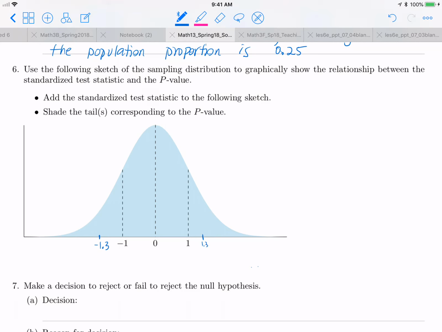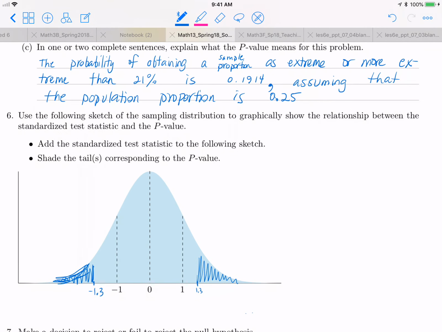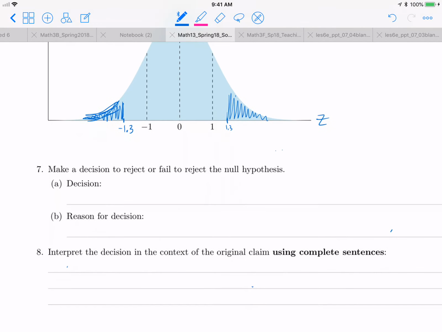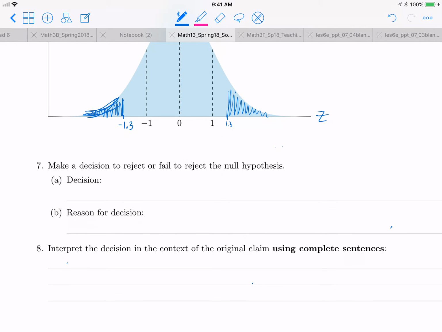So these areas, here and here, these areas add up to 0.1914. And I can put here a z to indicate that we're using the z distribution. And then we already know how to put the decision. So the decision was to fail to reject.